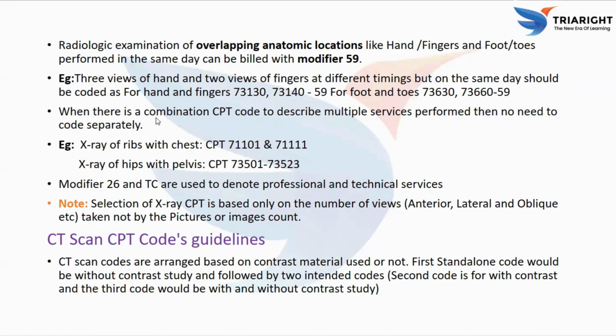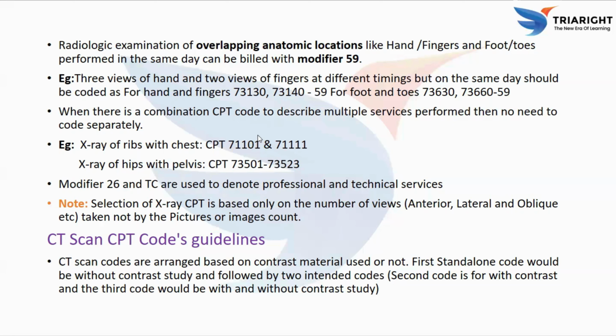And next is combination CPT codes, which are bundled, so do not unbundle. If CPT provides one code that already includes multiple areas, you have to use it. Never split into separate codes just to increase the payment. Common combination examples are ribs with chest, where you have to use the combination codes 71101 and 71111, and hips with pelvis, where you have to use the 73501, 73523 code ranges.